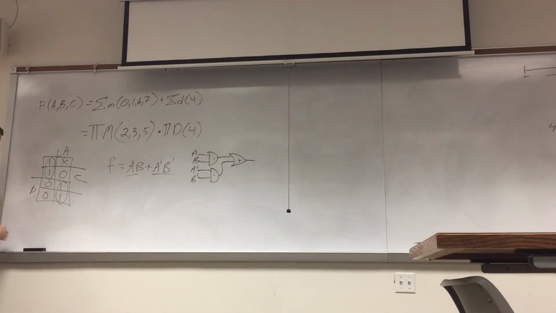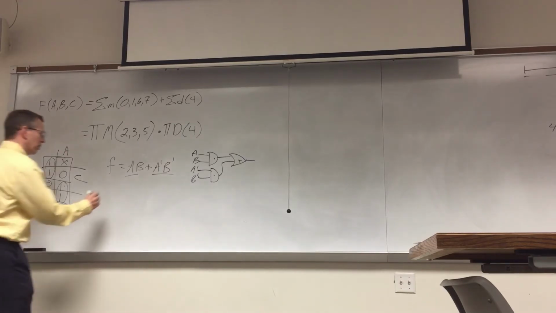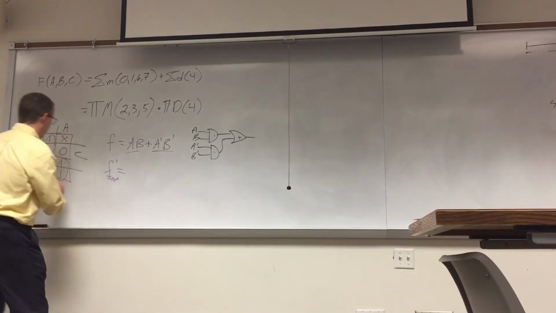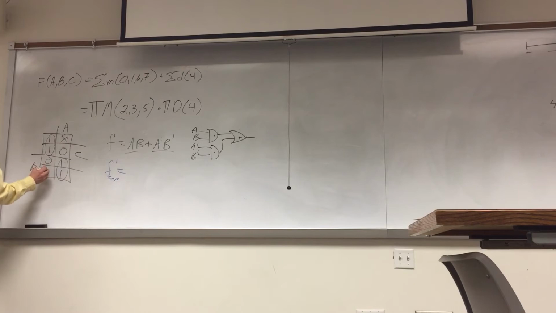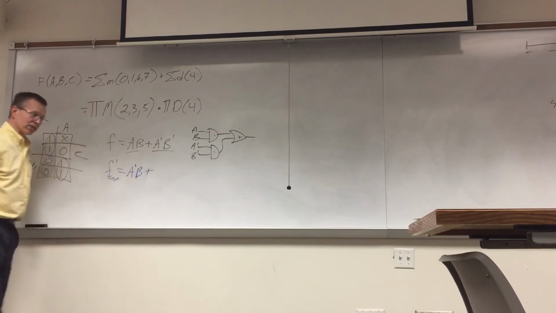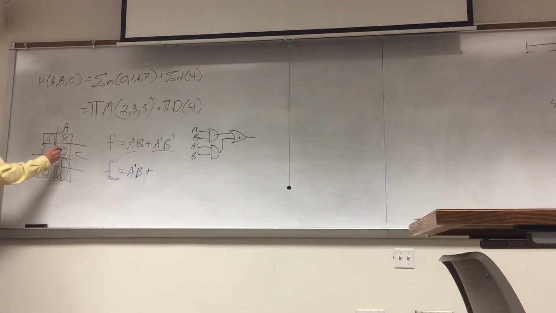Now, what if I ask you for the POS solution? What would you do? You would group the zeros, right, and find F naught SOP. So, and this looks like he's pretty lonely. He's only got 1. That would be what? A naught B. Actually, we sort of know the answer to this one, don't we? What's the opposite of exclusive NOR?